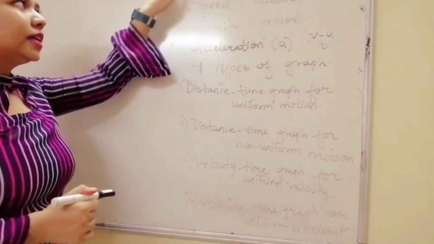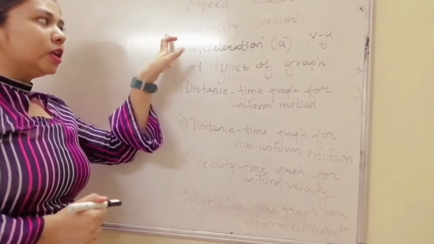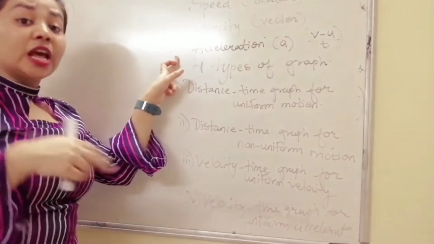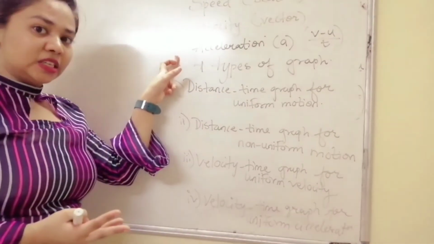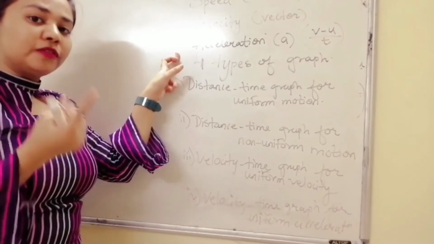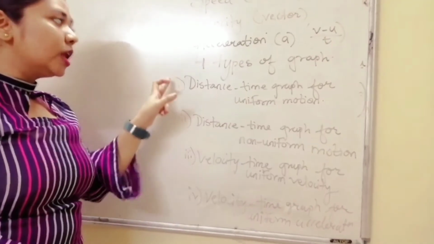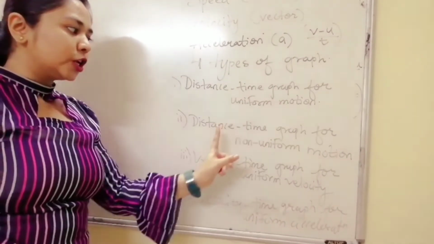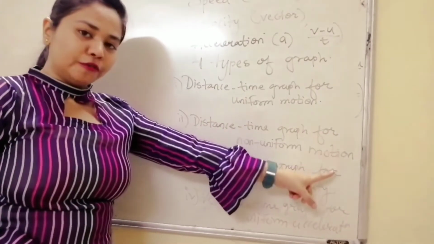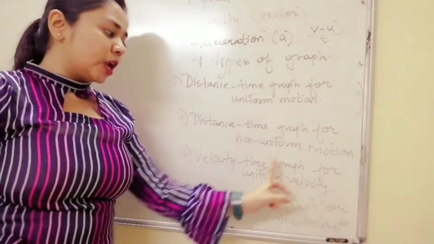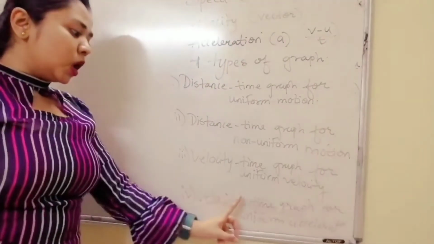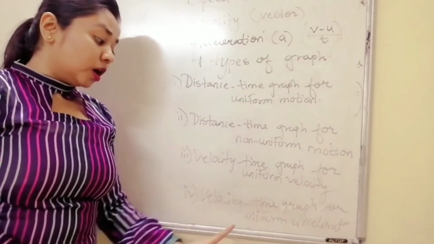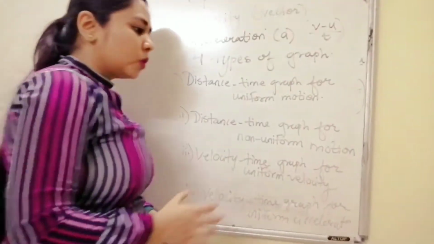So we studied distance, displacement, speed, velocity, and acceleration, and we also studied 3 types of acceleration: positive, negative and zero acceleration. Then we studied 4 types of graph: distance time graph for uniform motion, distance time graph for non-uniform motion, velocity time graph for uniform velocity, and velocity time graph for uniform acceleration.